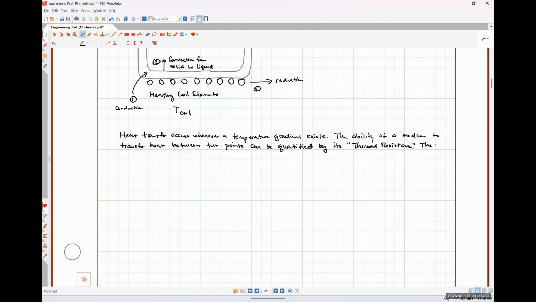So the greater the thermal resistance between 2 points, the smaller the heat transfer rate will be for a given temperature difference.